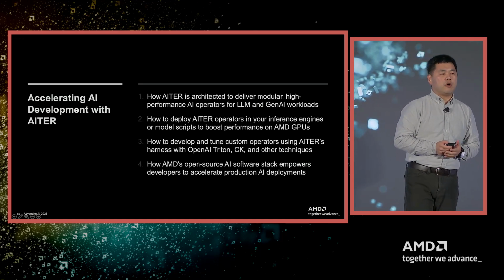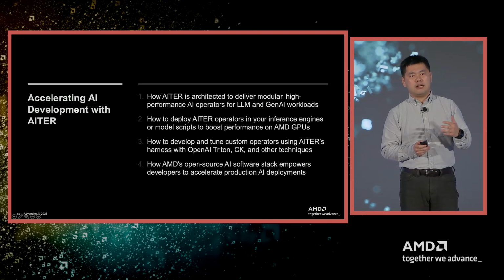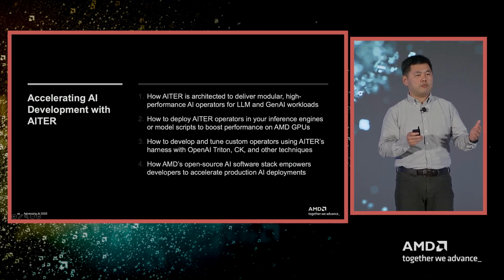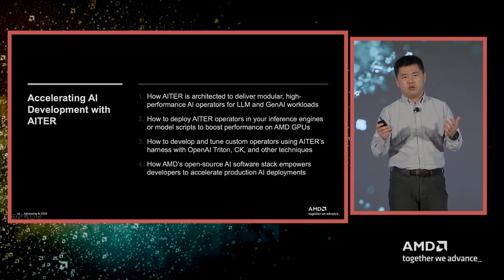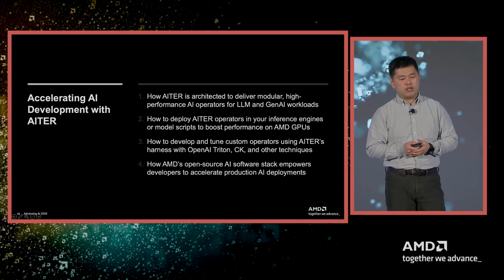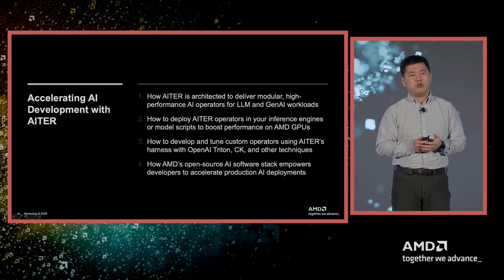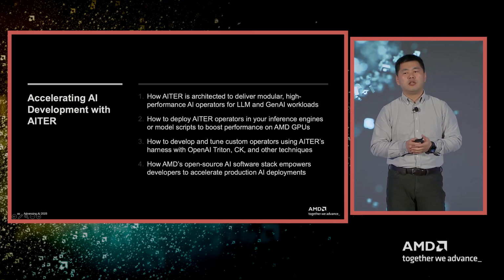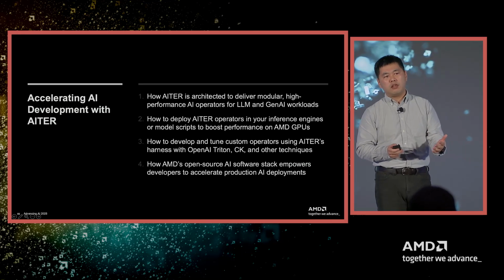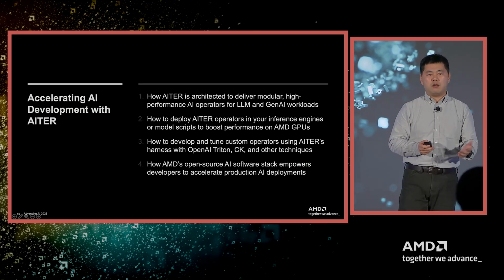Number 3, we will pick up Triton backend as an example to show how you can develop your own logics, your own AI operators using AITER harness and using OpenAI Triton. Last, we will show you how you can make your decisions to say if you want to pick up a high-performance operator from AITER directly, or you want to develop your own, and how.